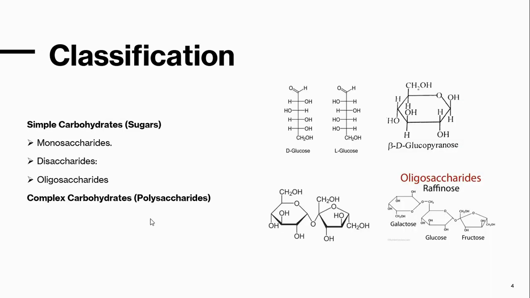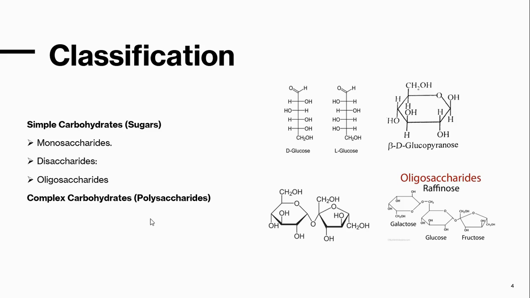Now let us see the classification of carbohydrates. Carbohydrates are generally classified into simple carbohydrates, that is simple sugars, for example monosaccharides, disaccharides, oligosaccharides, and complex polysaccharides.